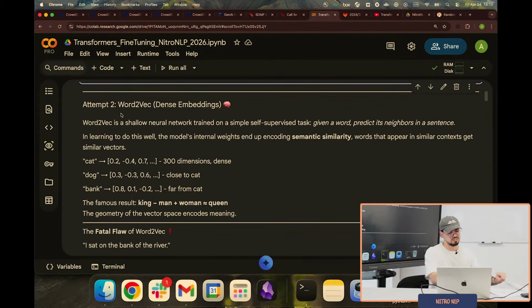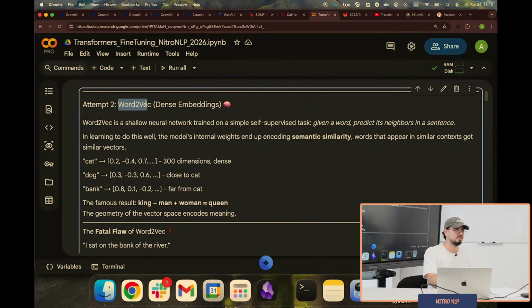One of the most relevant attempts at embeddings was called word2vec, which we call dense embeddings. Word2vec aims to combat the loss of meaning represented by the one-hot encoder, and it's trained on billions of sentences from wikis and a lot of data.